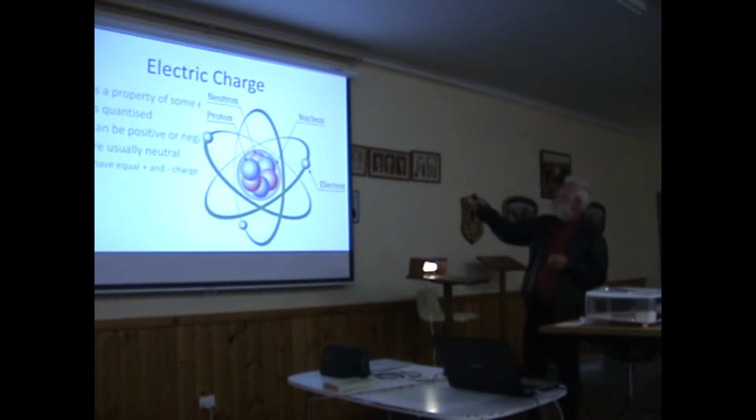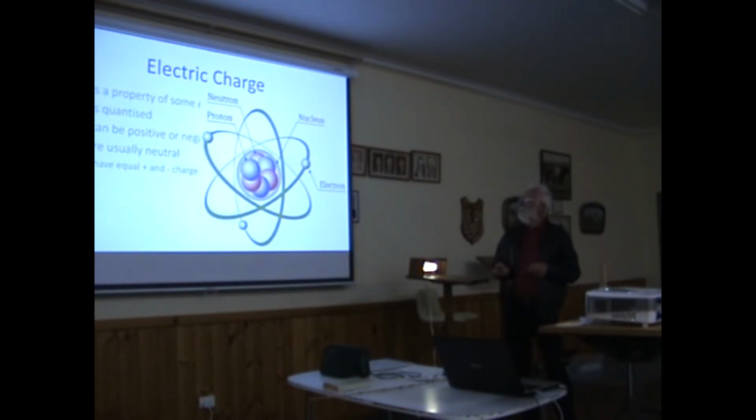It has a nucleus with some positively charged particles in it, and it has some electrons floating around which are negatively charged, and because the charge is quantized, the magnitude of each charge is the same, and there are equal numbers of electrons and protons, and so the total charge of the atom is zero. Exactly zero. Not approximately zero, not zero-ish, exactly zero, as far as has ever been measured, because of this quantization of charge. Every charge is the same size as every other charge. The only thing that's different is the sign.